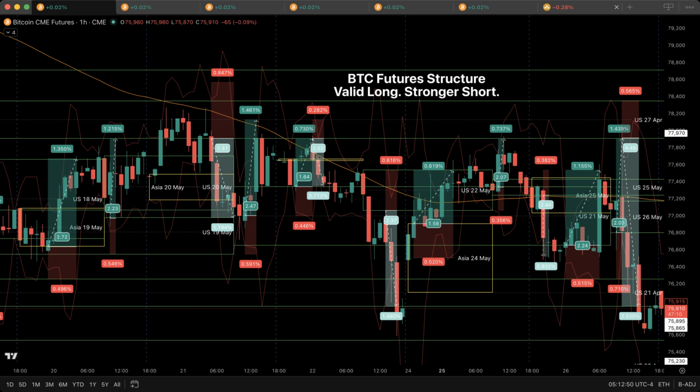When the target moves, the stop follows. But the stop follows structure. Not the last red candle. Not fear. Not excitement. Partial profit can help. A conservative trader can protect more at the first target. 60% first. 40% left.